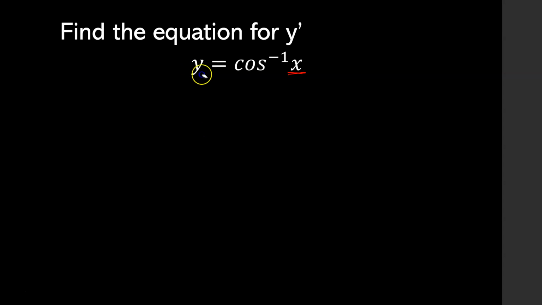If you don't like that, let's take cosine of both sides: cosine of y is equal to cosine of inverse cosine of x, which means cosine of y is equal to x. Again, we don't have to worry about domain restriction here because inverse cosine only has a domain from -1 to 1. So cosine of the angle y gives you the ratio of x. Maybe we'll draw our triangle now, but we don't need it yet.